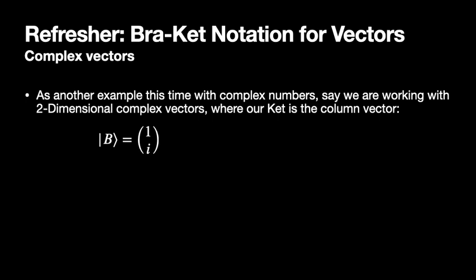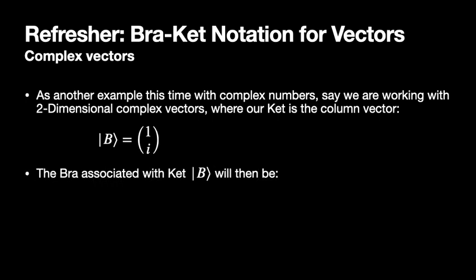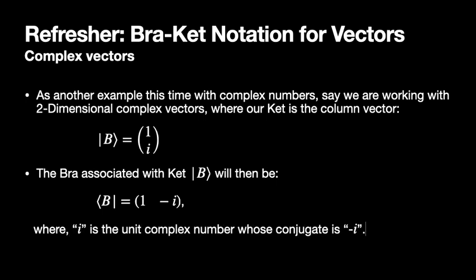Now the bra associated with this ket would not just be the row vector 1, i, but it will be the row vector with entries complex conjugated. We know that the complex conjugate of the unit complex number i is -i. So the corresponding bra vector would have entries 1 and -i.